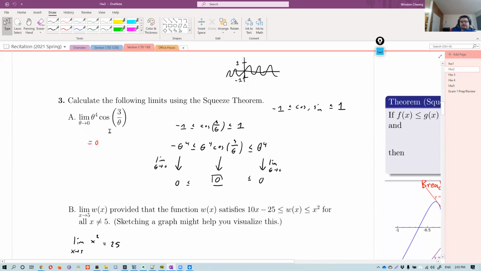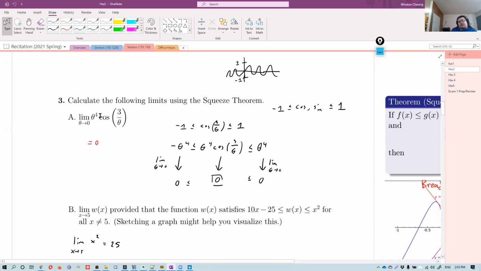The thing about squeeze theorem is that we need to find two functions whose limits equal each other, and that these two functions are bounding the limit that we're actually trying to calculate. So squeeze theorem always starts out with some function that we're trying to take the limit of, which in this case is here.